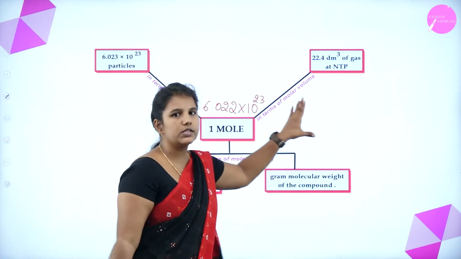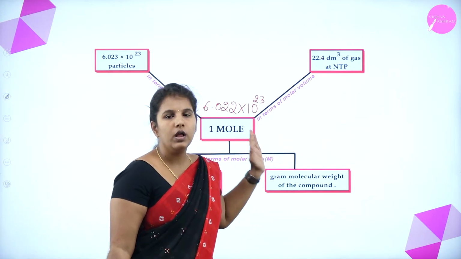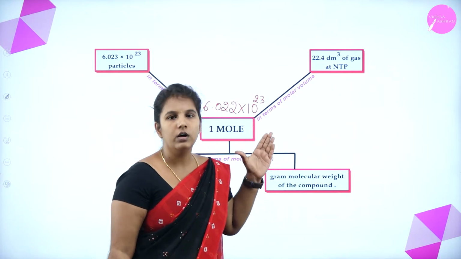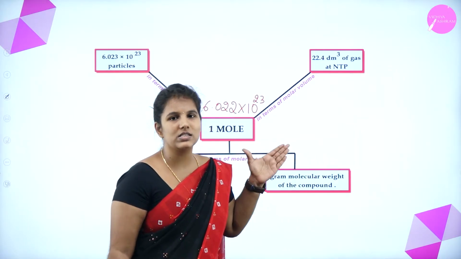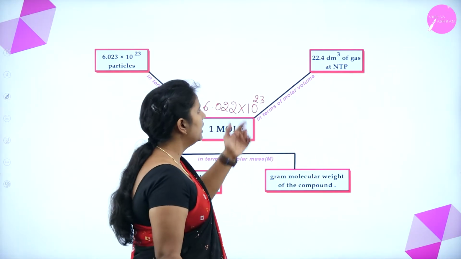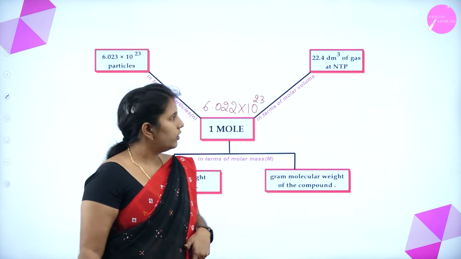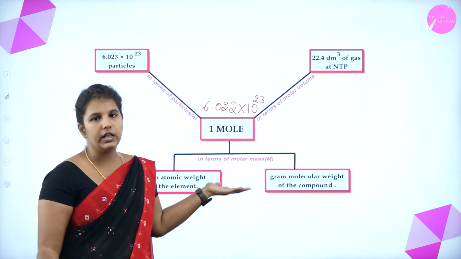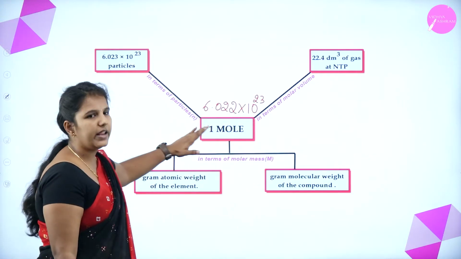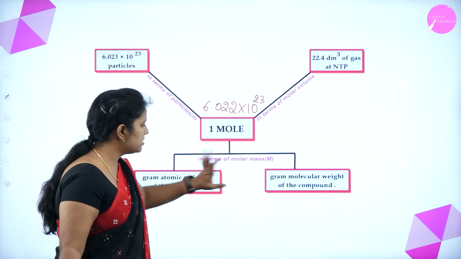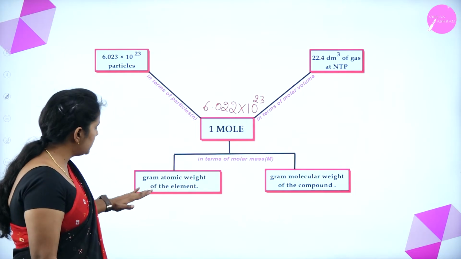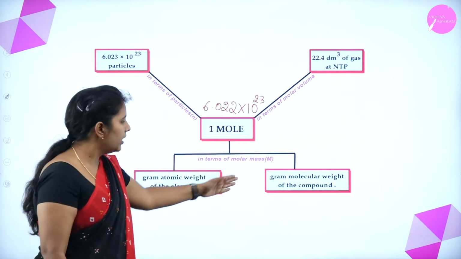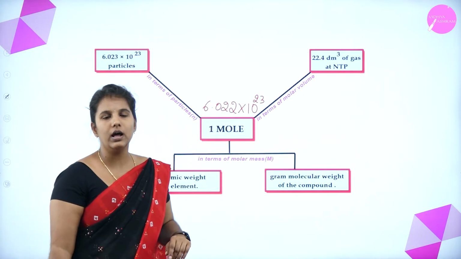If expressed in terms of molar volume, the volume occupied by all gases at standard temperature and pressure is 22.4 dm cube. If we express the mole in terms of molar masses, we can express it in terms of gram atomic weight or gram molecular weight.